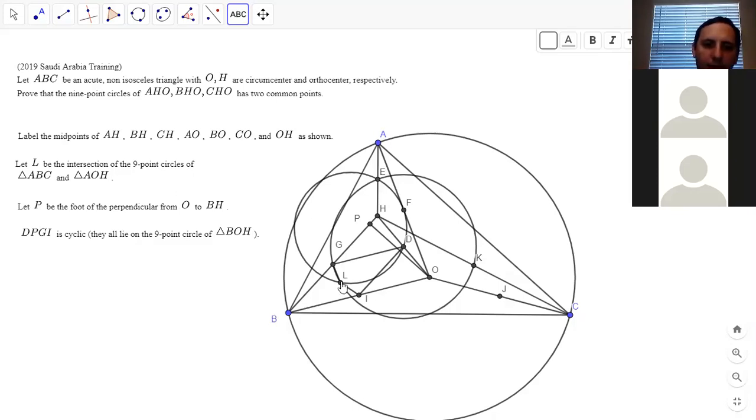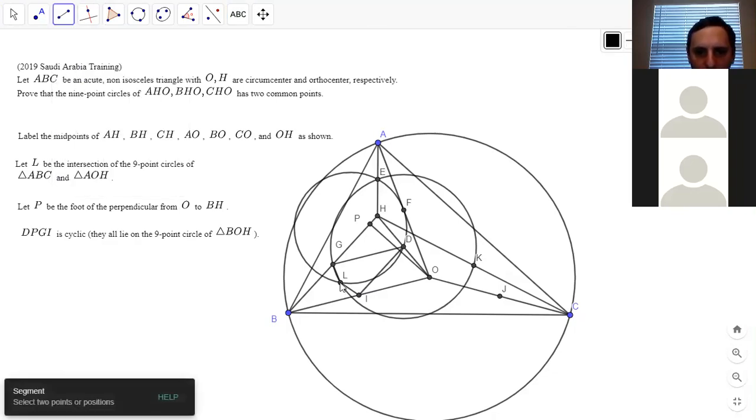Yeah, I need to show L lies on the 9-point circle. Yeah, I haven't really solved it yet, I don't think. I got confused. Yeah, it would have looked a bit too easy.